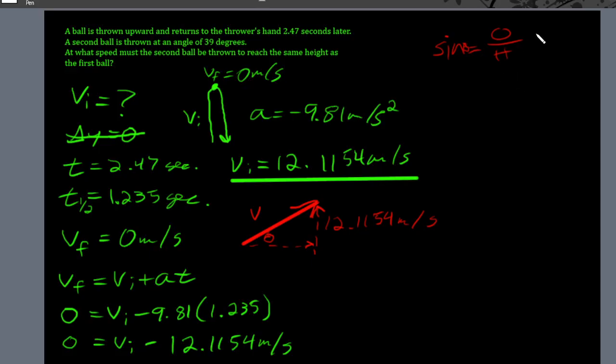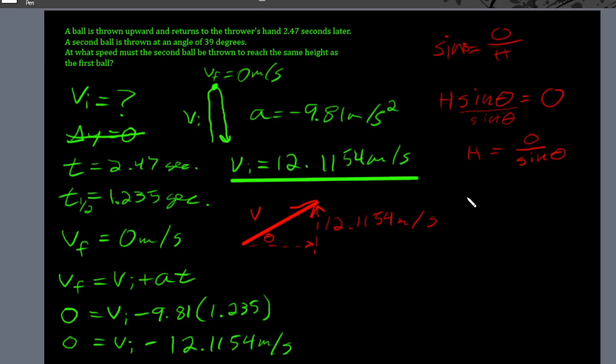So sine theta equals opposite divided by hypotenuse. I'm going to multiply both sides by h, which will pull an h over here, and then divide both sides by sine theta. So h sine theta equals O, and then h is equal to opposite divided by sine theta. At this point, it's just a matter of putting in values.